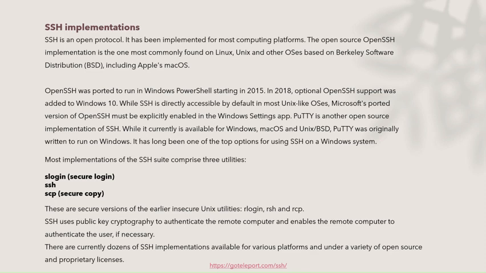However, most implementations of the SSH suite comprise three utilities: slogin, SSH, and SCP (secure copy).